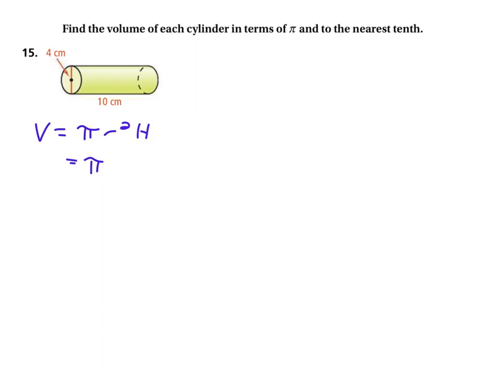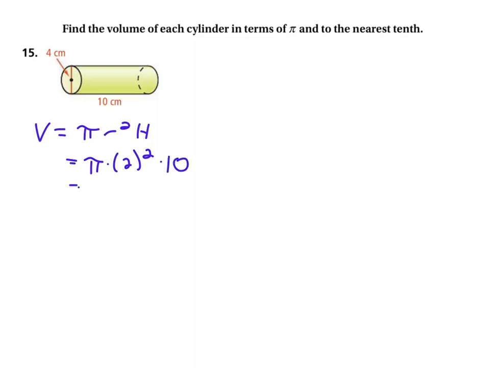The diameter is 4. The radius is always half, and it's from the center to the edge, not all the way through the center from one edge to the other. So the radius is 2. So we say that times 2 squared times the height, which is 10.